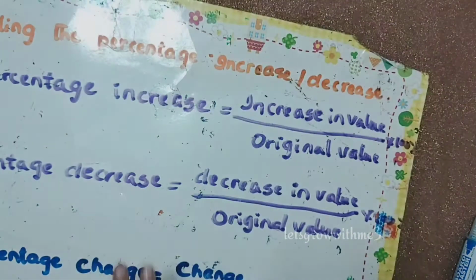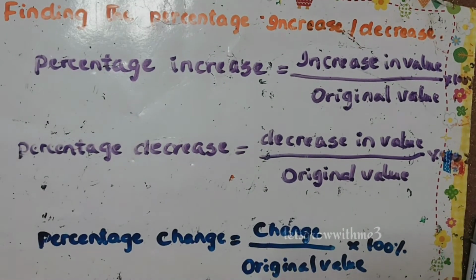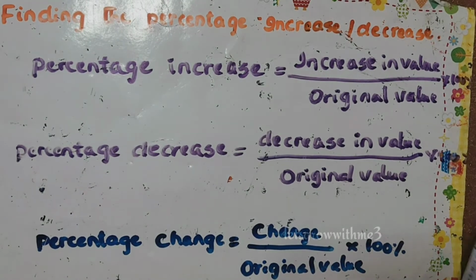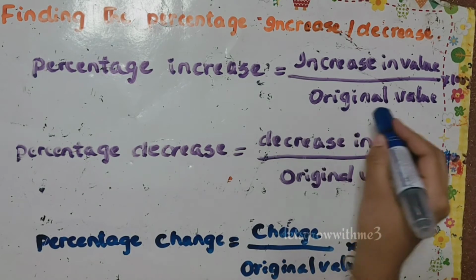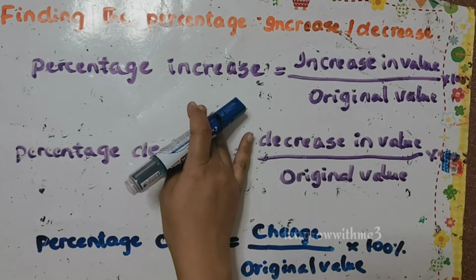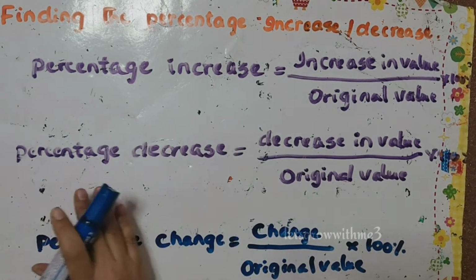Okay, so let's see the next concept. Our next concept is percentage increase and percentage decrease, finding the percentage increase or decrease. So percentage increase is equal to increase in value over original value times 100%. Percentage decrease is equal to decrease in value over original value times 100%.